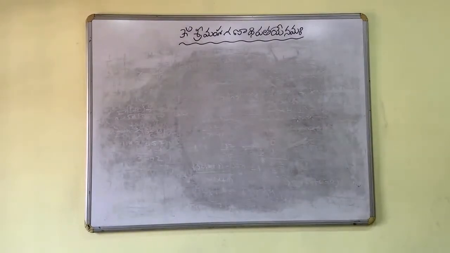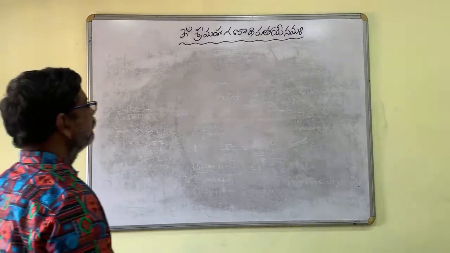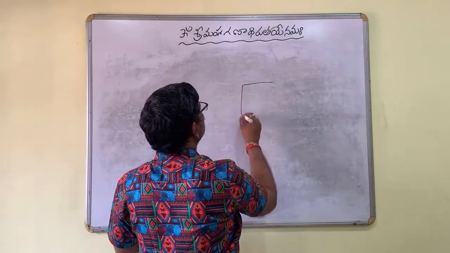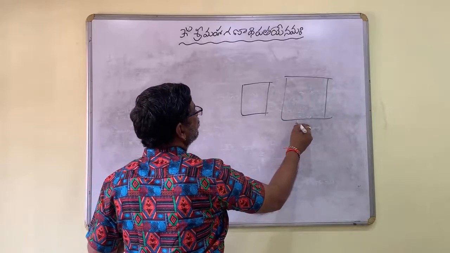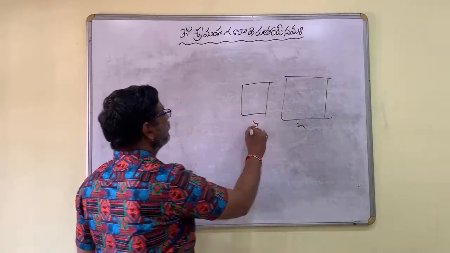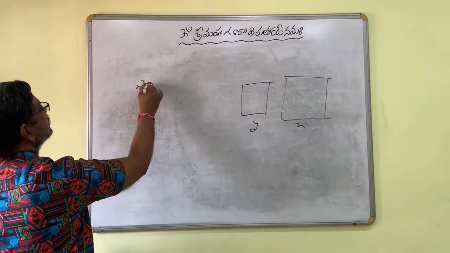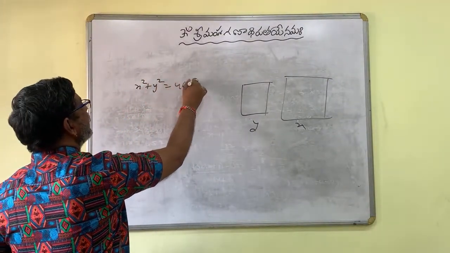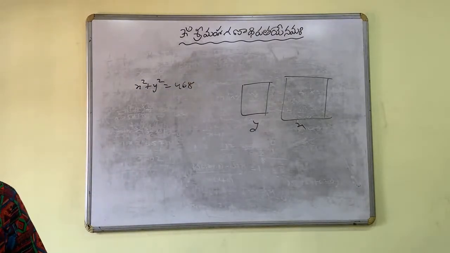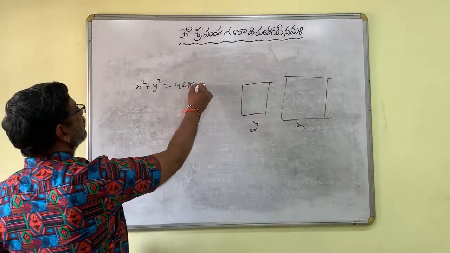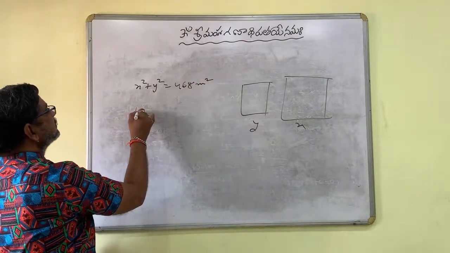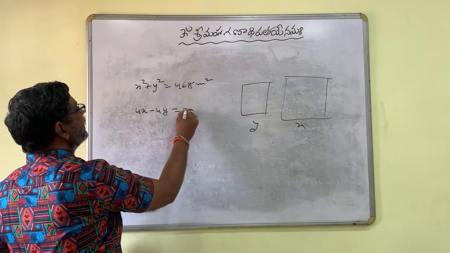The sum of the areas of two squares is 468 meter square. There are two squares whose sides are x and y. If the difference of their perimeters is 24, the difference of their perimeters is 4x minus 4y, which is 24.